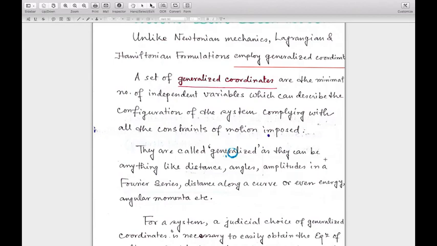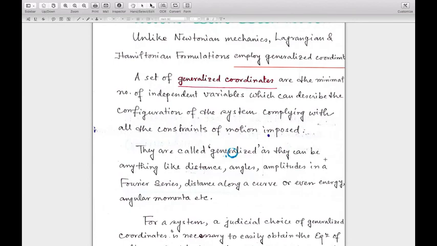Now, of course, these coordinates can have interrelations according to the constraints of the problem. For example, take a sphere in 3 dimensions. Any point on the sphere needs 3 coordinates, r, theta, phi, to get identified or located.